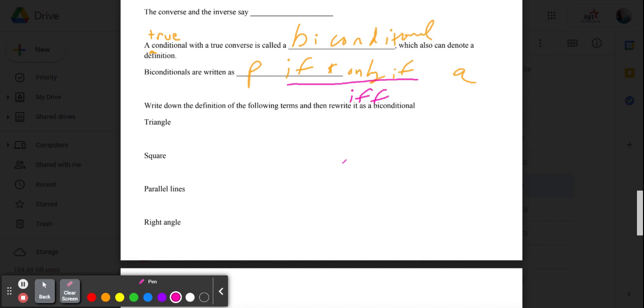Now, again, this can only happen, ladies and gentlemen, when we have a true conditional and a true converse. Only with a true conditional and a true converse can we write a biconditional.